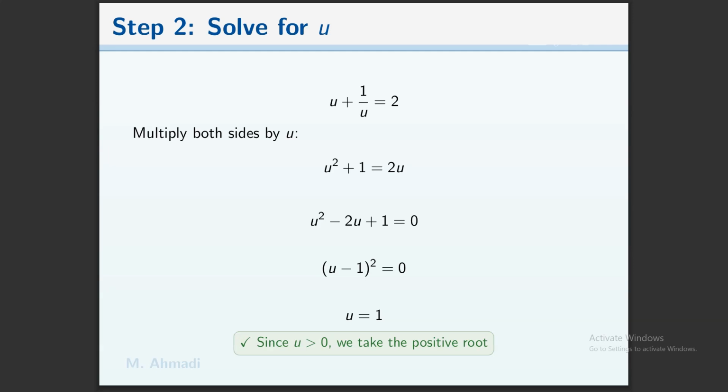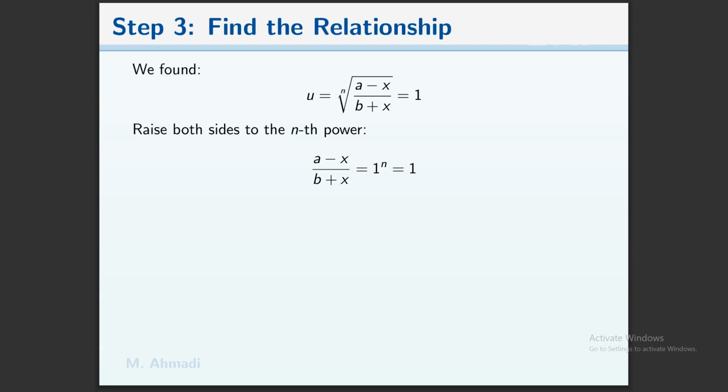Because u is larger than 0, we take the positive root. So we have u, the nth root of (a minus x) divided by (b plus x), equal to 1. Raise both sides to the power of n.